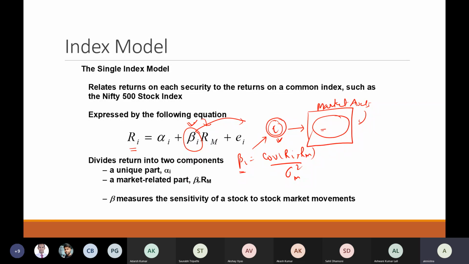And in this, if you know the basic regression equation, this is the error term, and this is the unexplained part. Why unexplained? Because when we talk about alpha, or Jensen alpha, we are talking about the unexplained part. Once we talk about Jensen alpha, you'll be able to easily relate how these models are important in portfolio management.